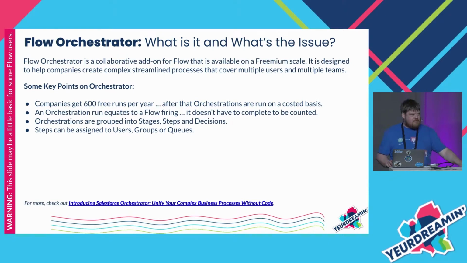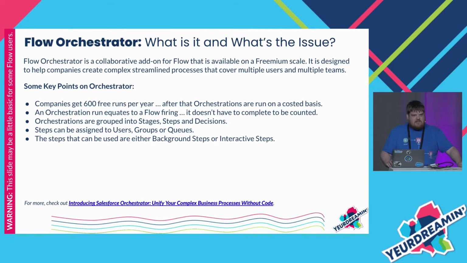But on the resources one, groups and queues work on IDs, and users work on the username. I don't know why, personally, the decision was made to go with usernames rather than IDs, but it runs on usernames. So if you're working with that, that's something to make a note of.